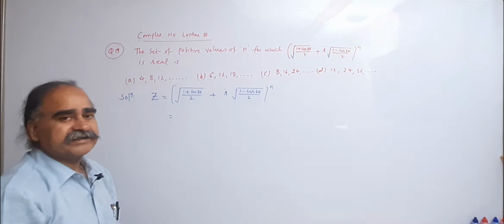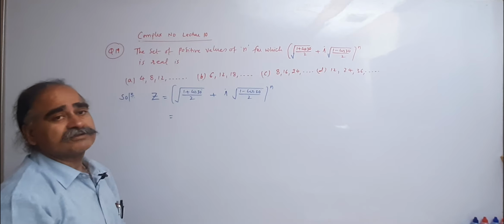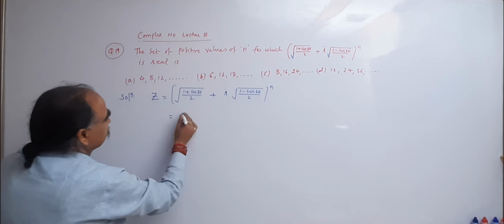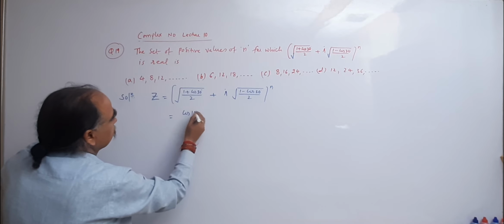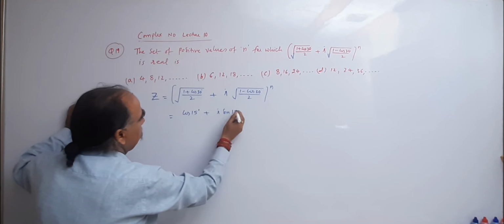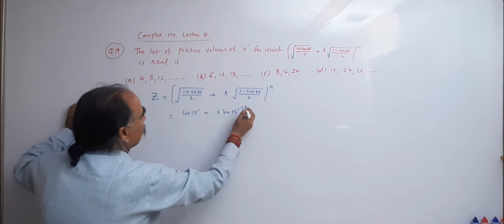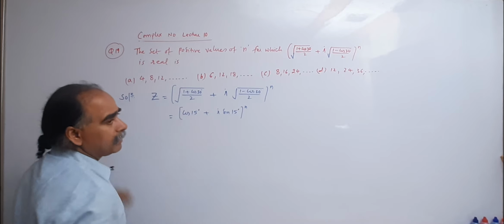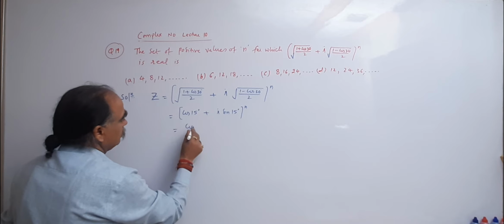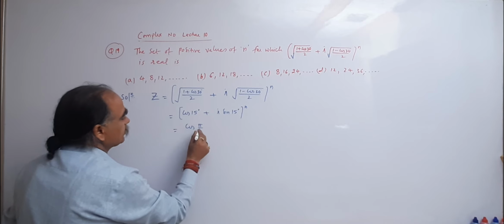1 plus cos 30 is what? 2 cos square 15 degree. 2 will get cancelled. So this will give you cos 15 degree plus i sin 15 degree raised to n. 15 degree is nothing but pi by 12 radian.